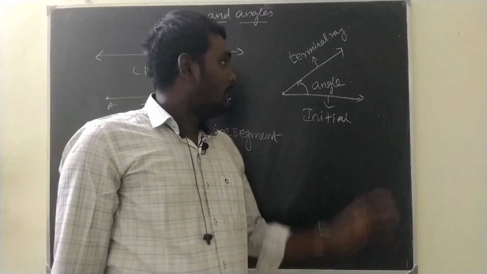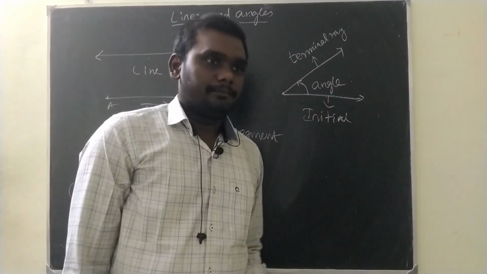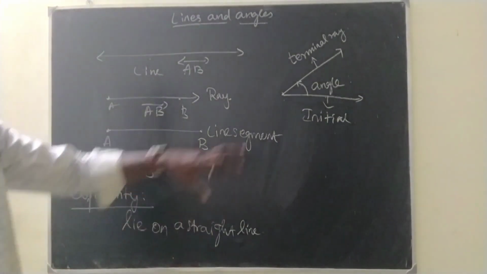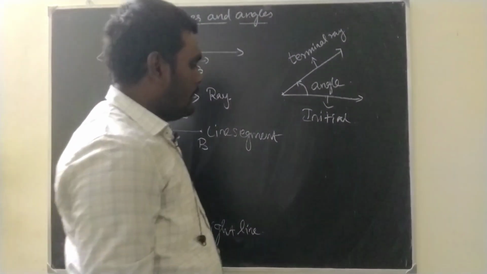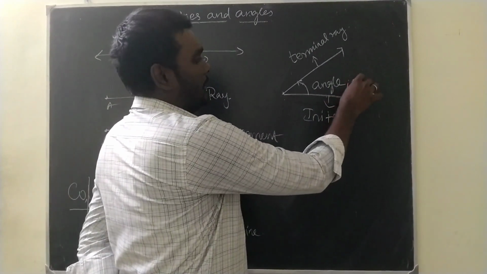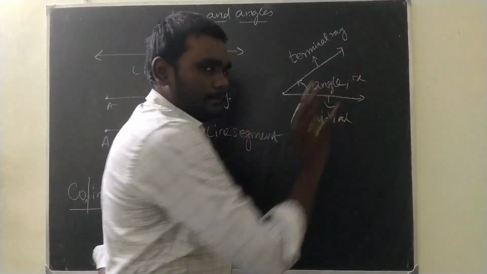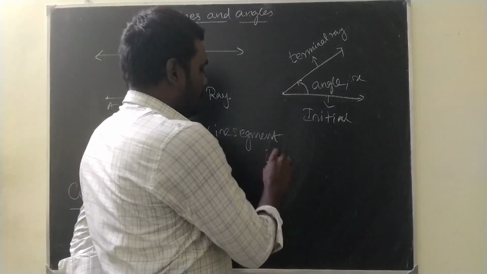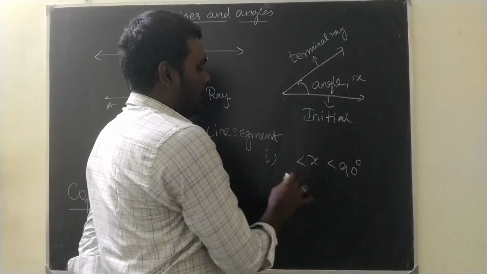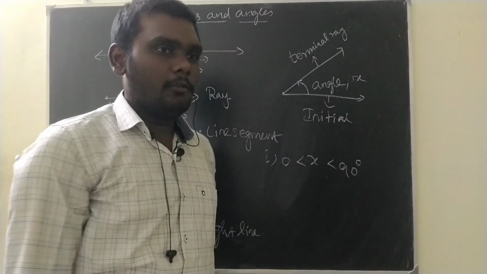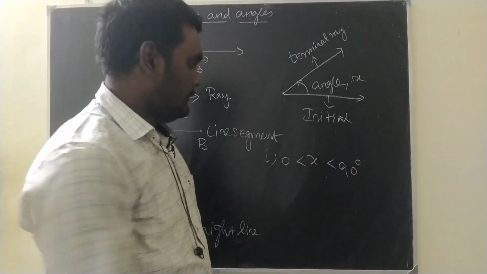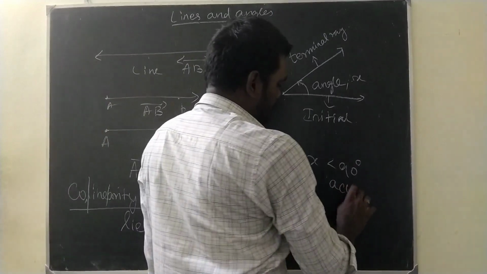In that, we have several types of angles. If the amount of rotation lies between 0 to 90 degrees, then it is called an acute angle. You know that, right?